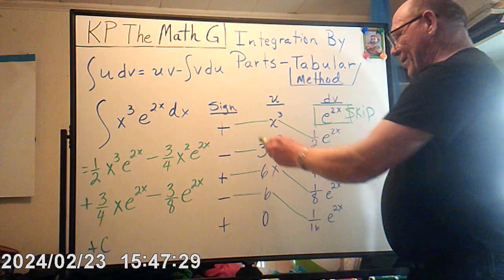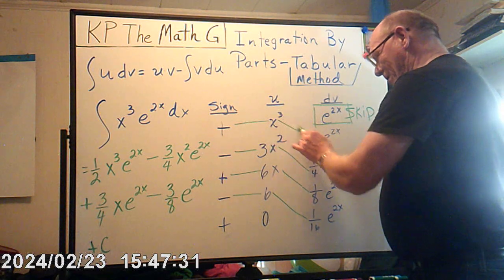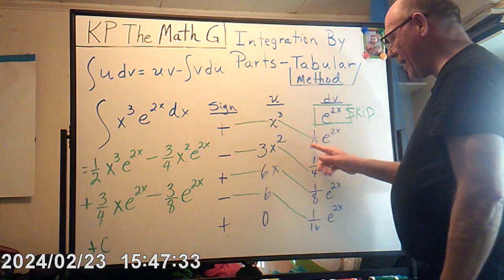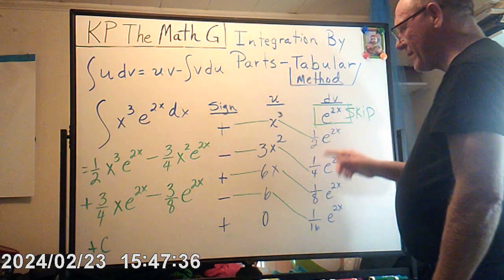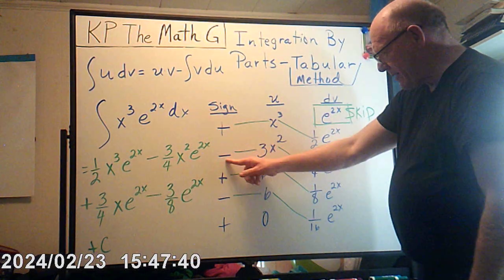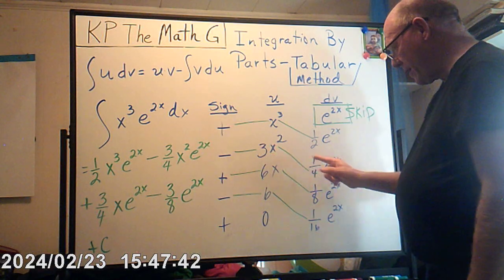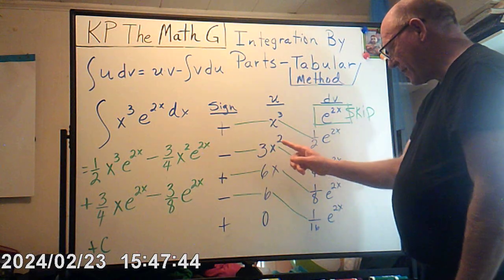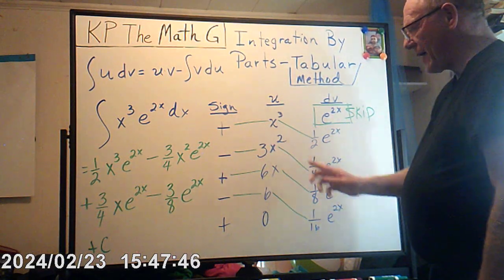And then now, just connect. This is all multiplication. 1/2 x cubed e to the 2x. There it is. Minus sign. 3 times 1/4, 3/4 x squared e to the 2x.